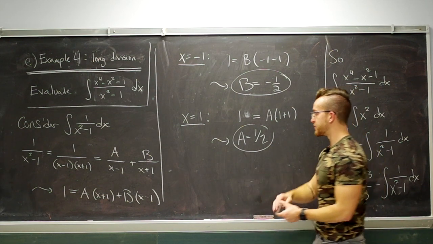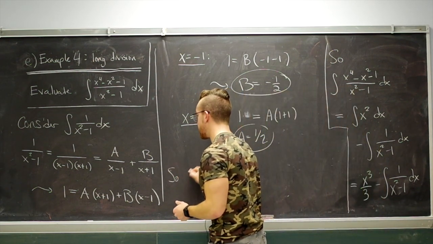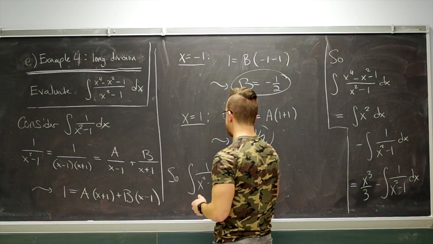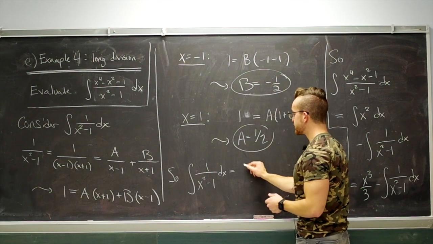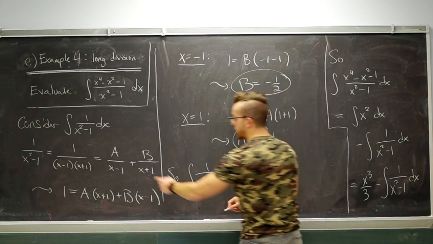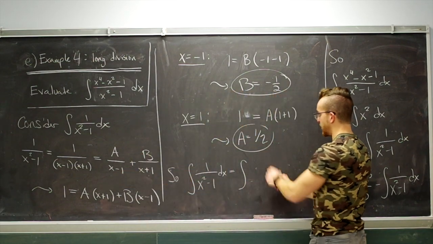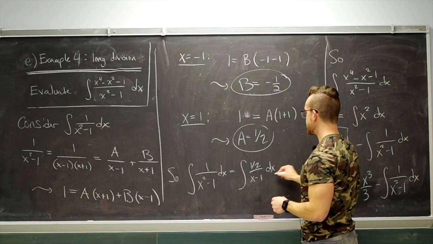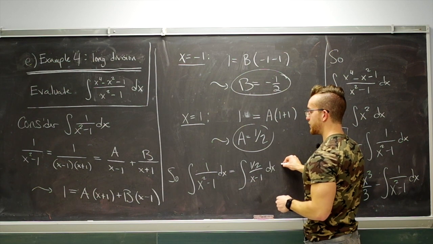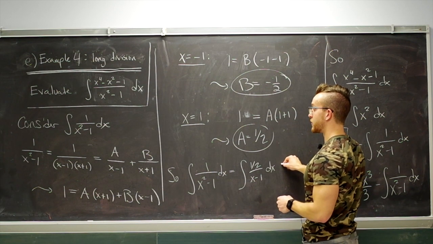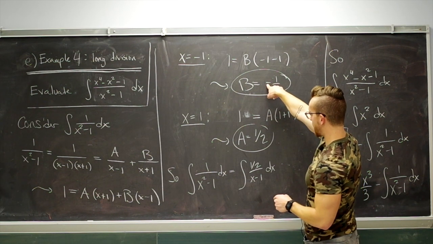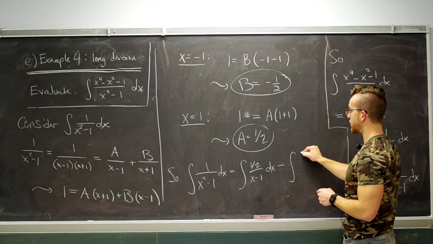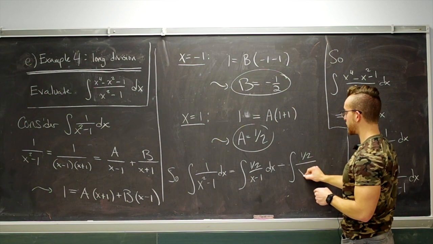Okay, so here's our decomposition, and what we've shown is that the integral of 1 over x squared minus 1 dx is the integral of a over x minus 1, a is 1/2, plus the integral of b over x plus 1. b was -1/2, so that's the same as subtracting the integral of 1/2 over x plus 1.